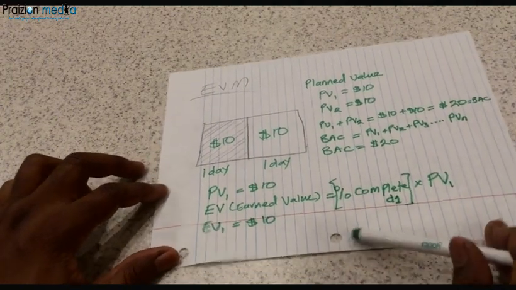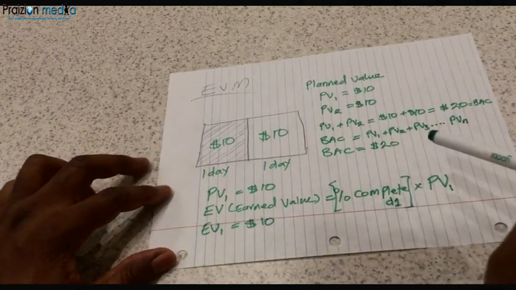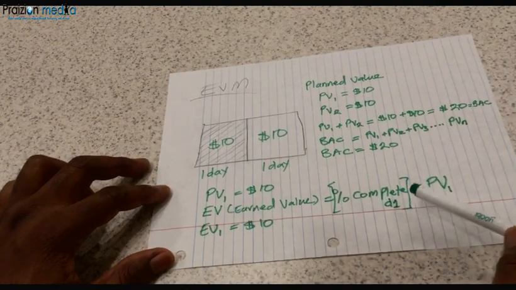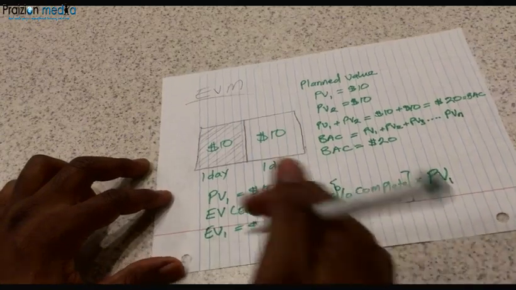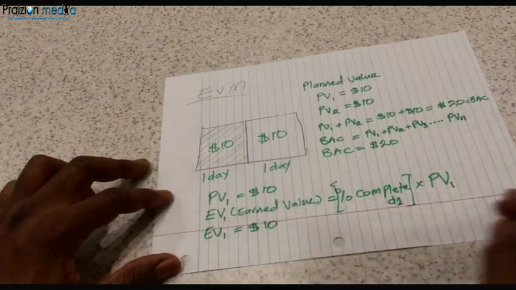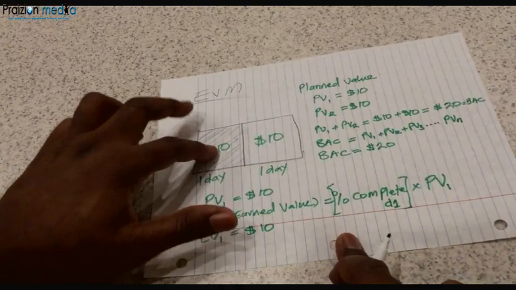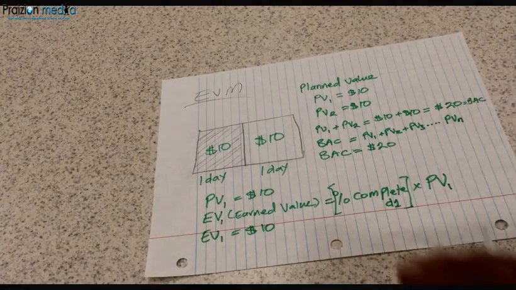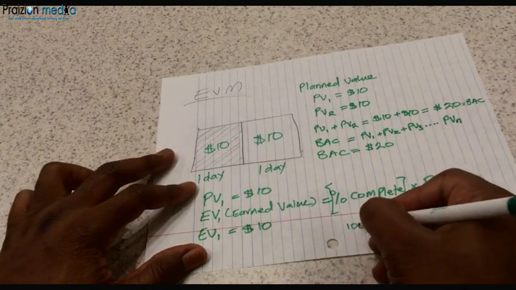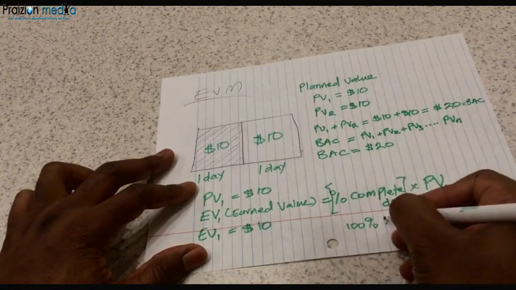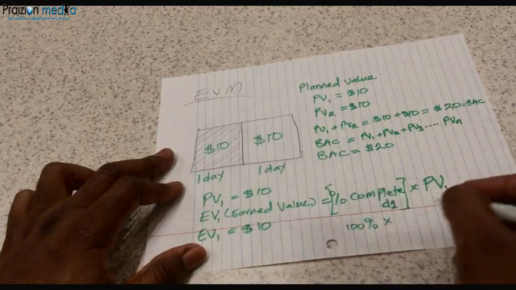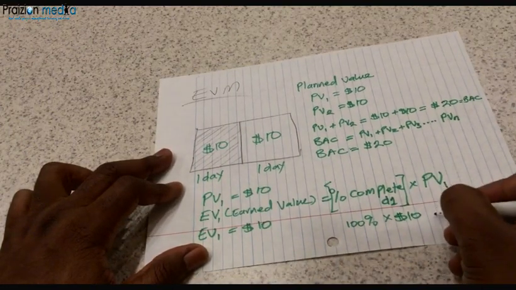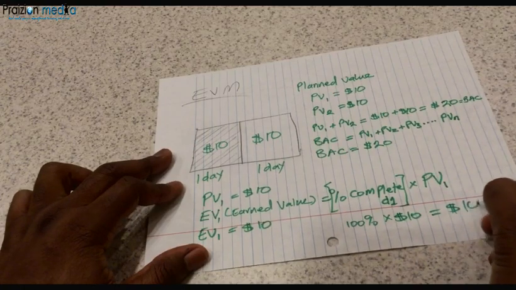So earned value for day 1 is going to be equal to percent complete on day 1 times planned value for day 1. See? But we already know what that is. It's going to end up being 100 percent complete, we got all of it complete, times the planned value for day 1, which is $10. And that gives you $10.